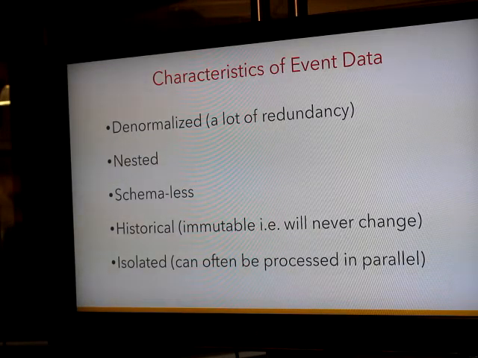So some characteristics of event data. It's usually denormalized, or there's a lot of redundancy. So if we went back to the example of the click records, we've got a lot of repetition there. We've got the same fields. You might have different values in some cases, not the same in others.